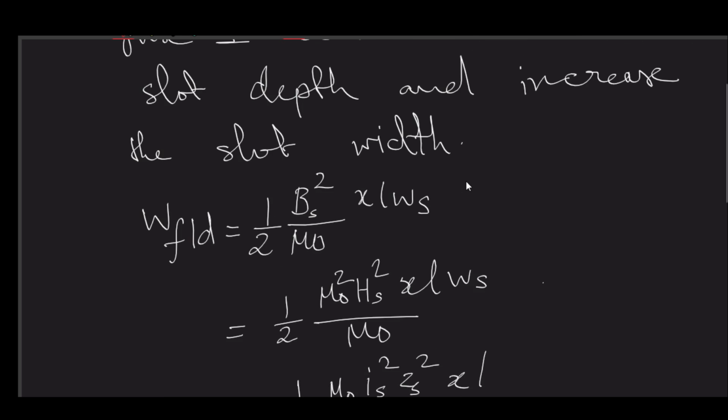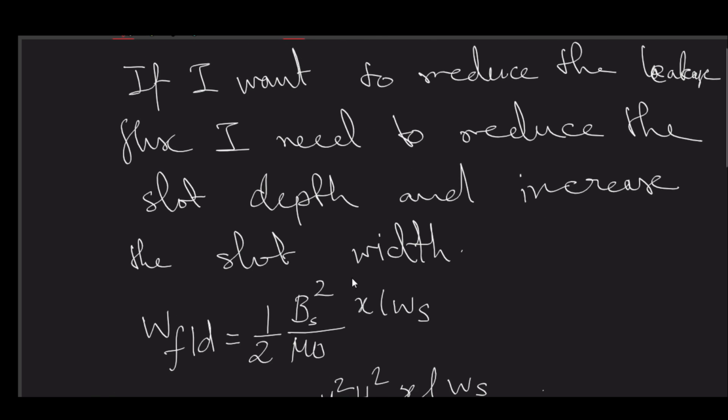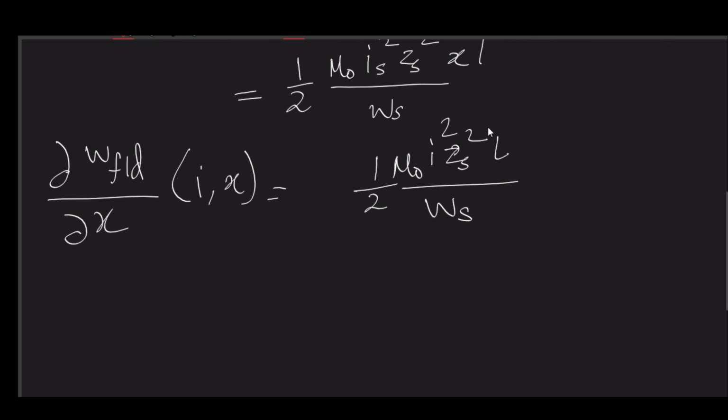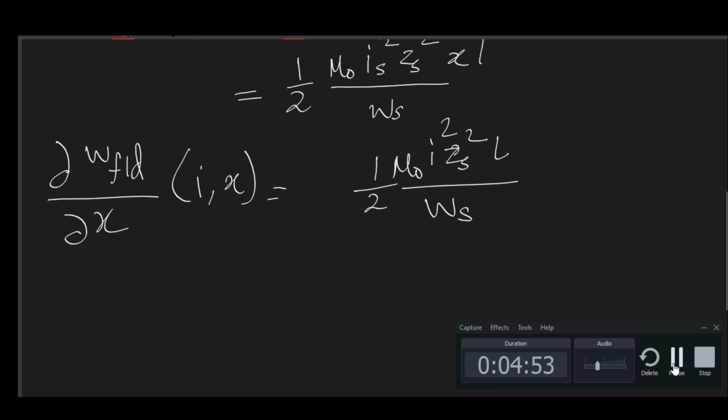Here, reduction of slot depth alone won't help much. You have to reduce this L, the slot length, and the slot width must be increased to a certain value. However, we must consider the pros and cons of going for such a dimension.